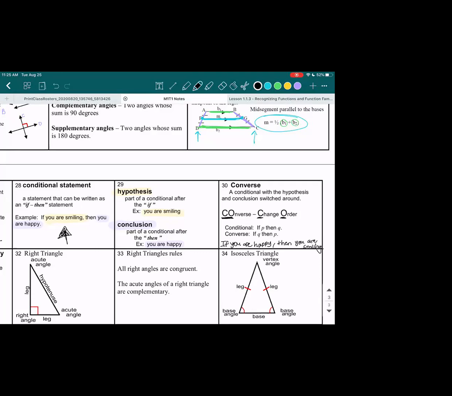I put the purple first now. In our original, we have if yellow, then purple. Now we have if purple, then yellow. If you are happy, then you are smiling. So I switch it around.